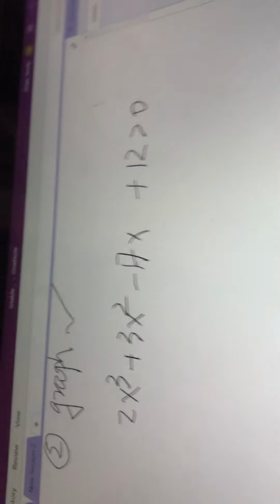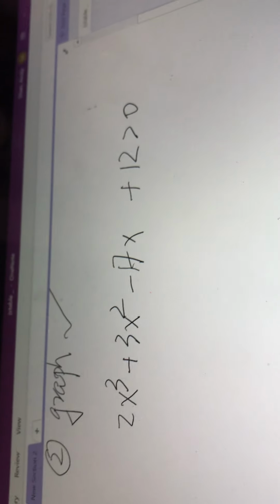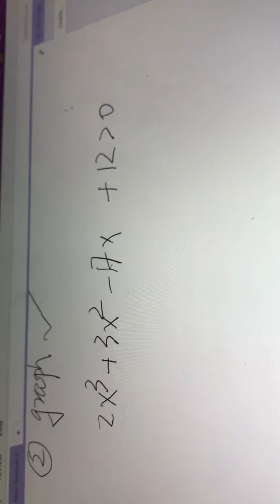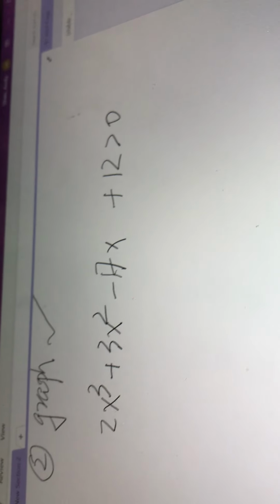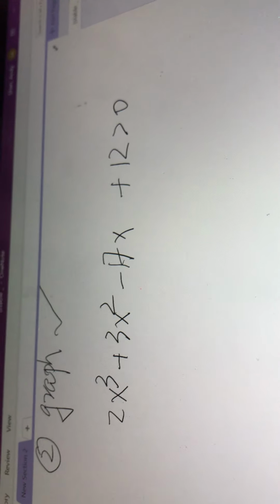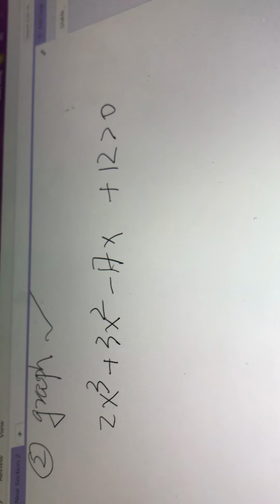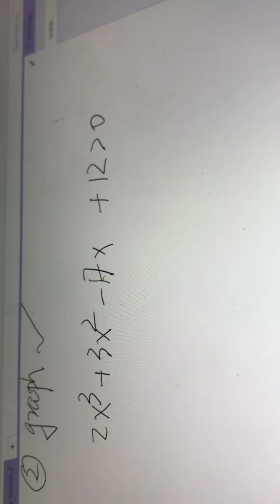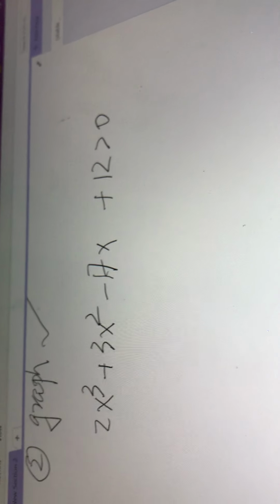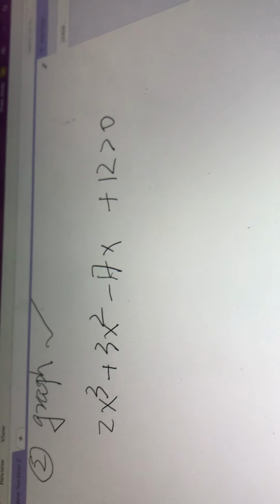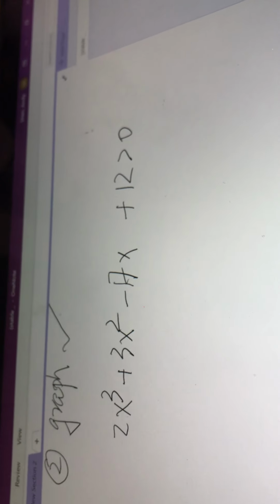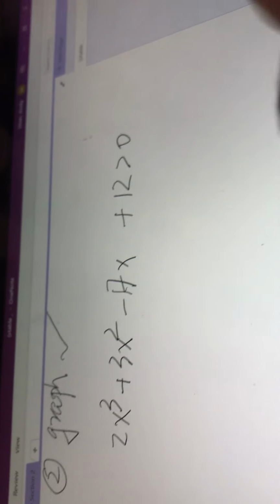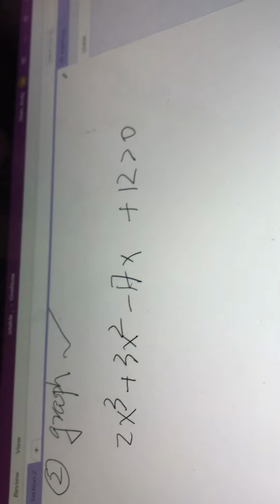Yes. So when we're trying to find the interval of x, the first thing is we need to factor these polynomial functions or these polynomial inequalities. So since the degree here is 3, basically the first step is you need to find a value of x which will make this equal to 0.